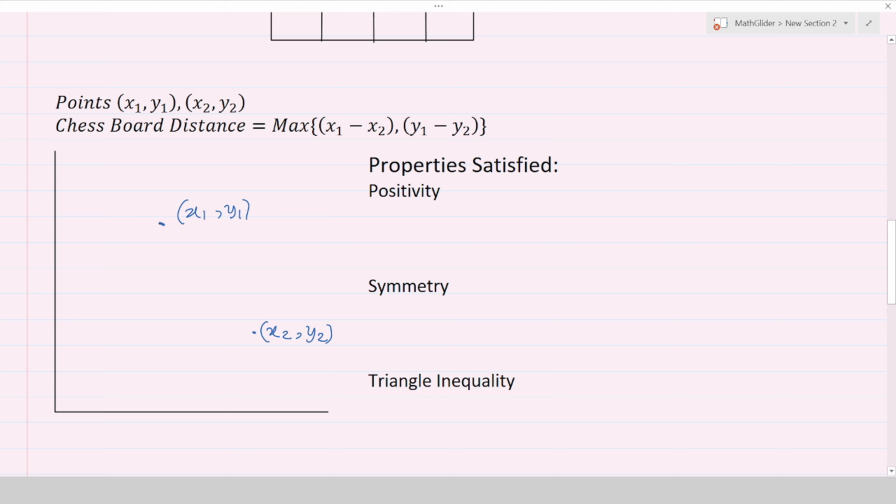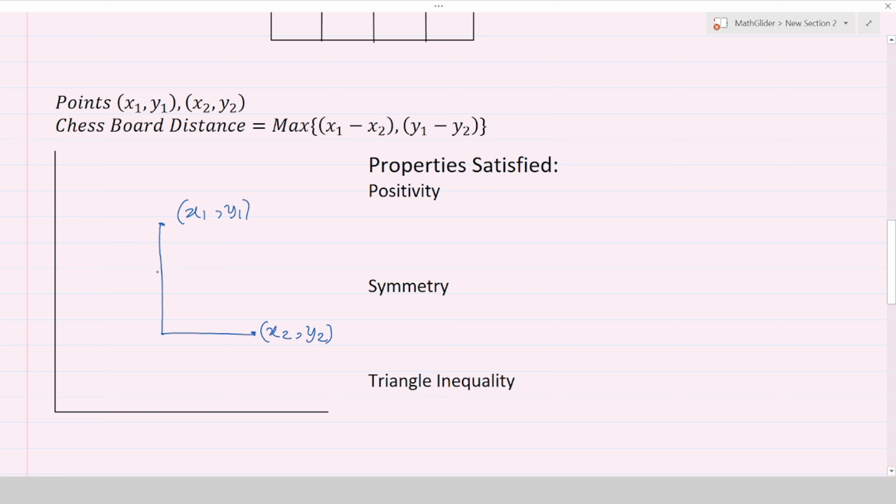So x1 minus x2 is what? This line, right? And y1 minus y2 is this, and this is x1 minus x2. Now you don't have to use the Euclidean distance formula to square this and get the hypotenuse. You know that hypotenuse formula, the Pythagoras theorem.